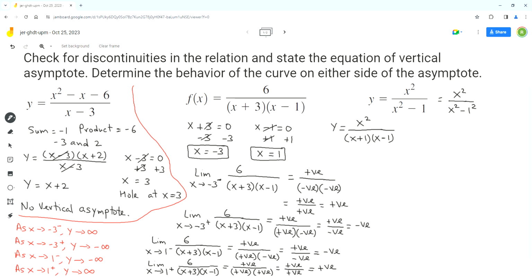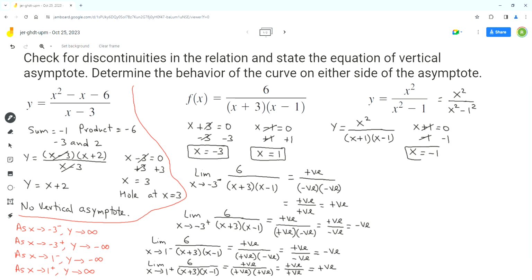So this rational function has vertical asymptotes, and we can find them by setting the denominator factors equal to 0 one by one. So x plus 1 equals 0, and now we can isolate x, so we subtract 1 from both sides, so the ones on the left side get cancelled out, so we get x equals -1.